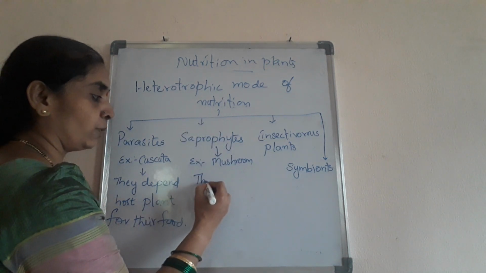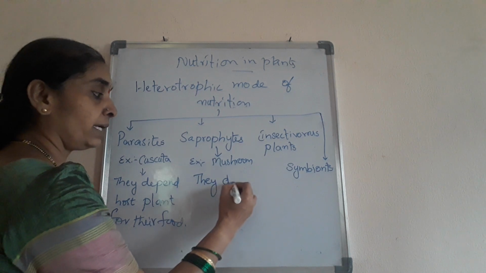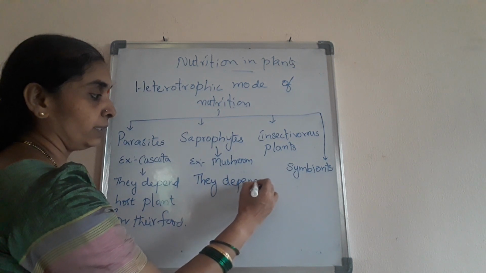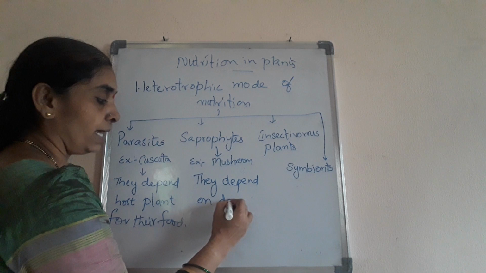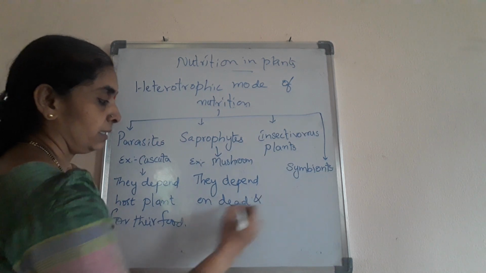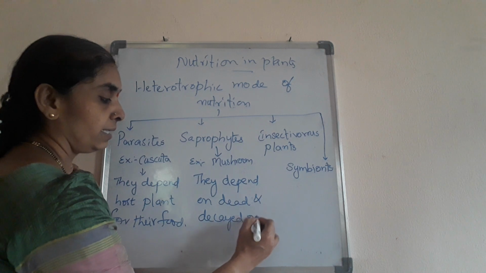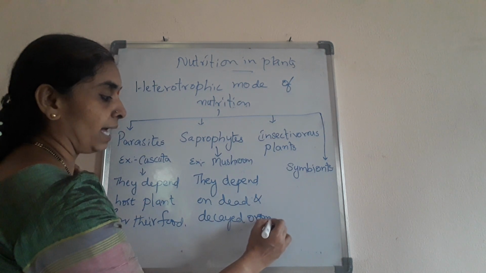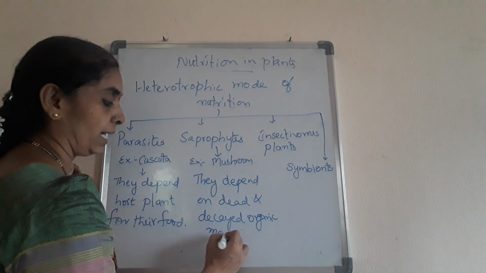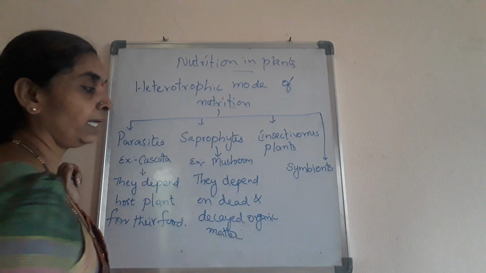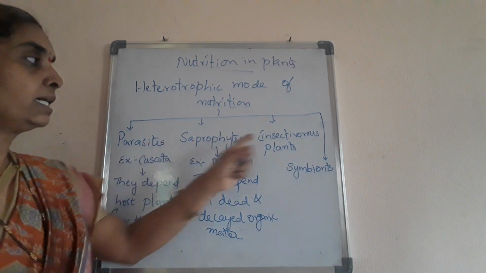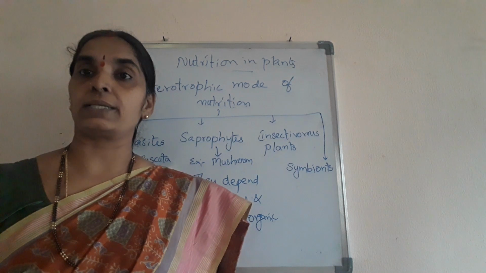What do they depend upon for their food? How do they take in their food? They depend on dead and decayed organic matter for their food. Next, coming to the insectivorous plants.